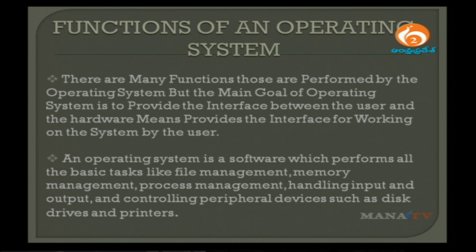Functions of an operating system. There are many functions performed by the operating system, but the main goal of an operating system is to provide the interface between the user and the hardware. It means it provides the interface for working on the system by the user.